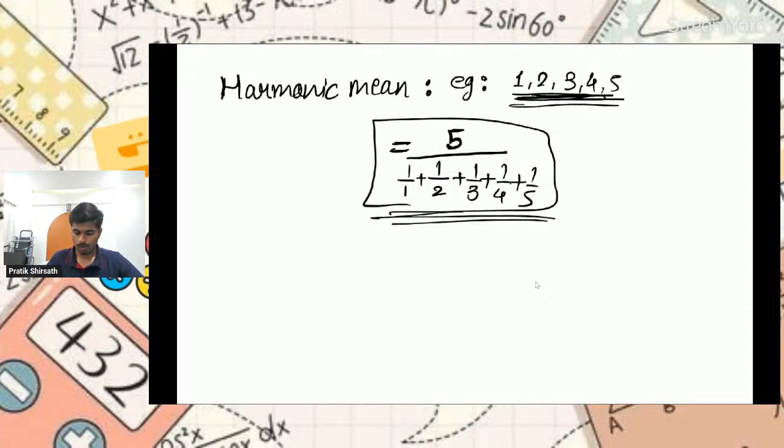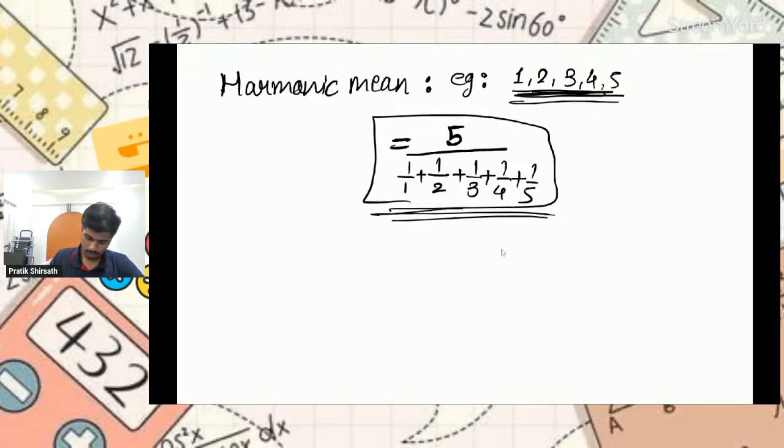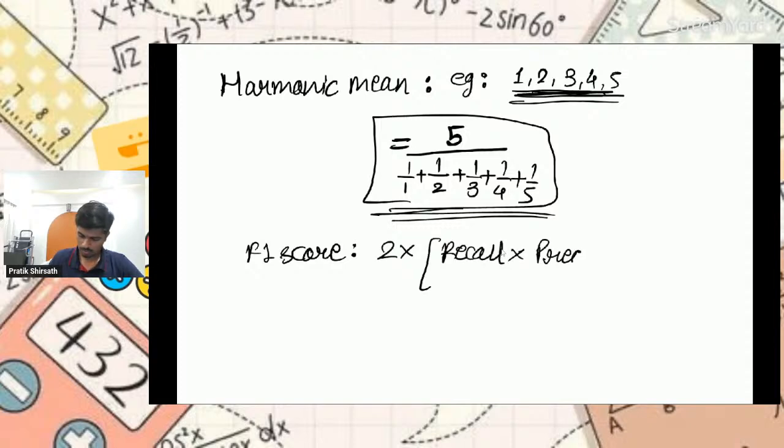Now to come to how we got the F1 score formula. What is the formula of the F1 score? It is 2 into recall into precision divided by recall plus precision.